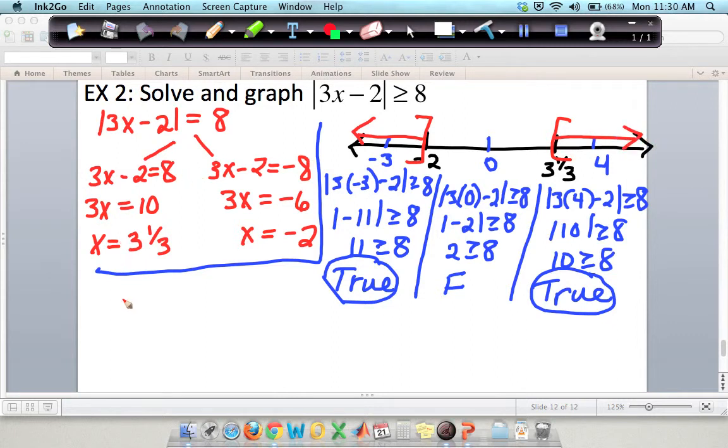I'm going to write that answer in interval notation, reading this from left to right. So starting on the left of the number line, this is going towards negative infinity. Remember, you need a parentheses for negative infinity. And it's ending at negative 2 with a bracket.